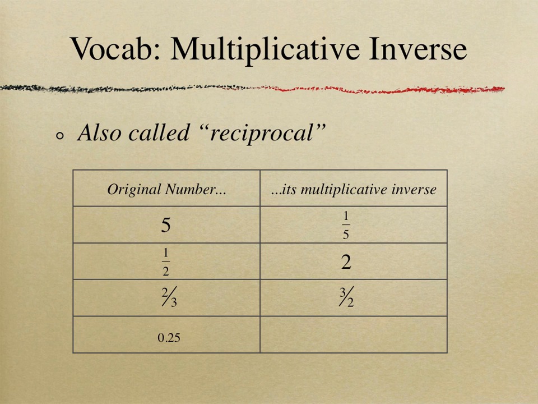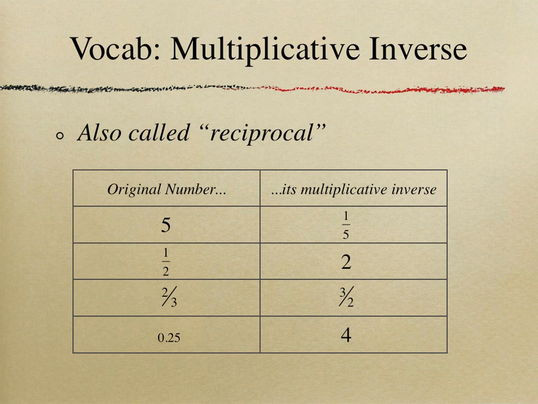If I start with 0.25, I think to myself, gee, that's the same thing as 1/4, 1 over 4. Its multiplicative inverse is 4 over 1, or 4. The multiplicative inverse is the upside down. It's taking the number, writing it as a fraction, and then turning it upside down.